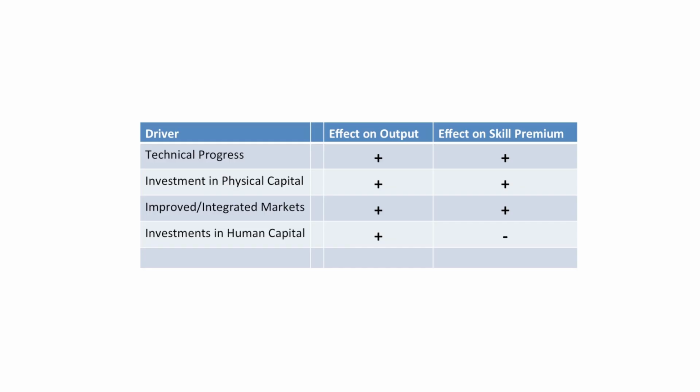Similarly, economists have known for a long time that physical capital tends to be complementary with skilled labor and a substitute for unskilled labor. We also know that expanding markets allow the best people to leverage their talents even more broadly.